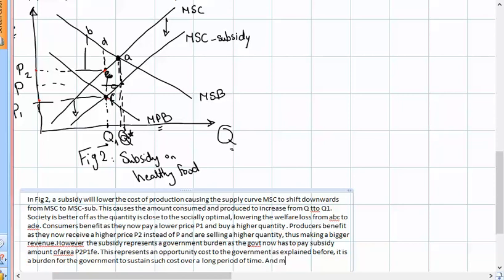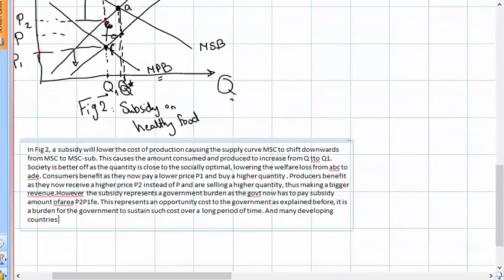And in many developing countries, this is something extra that you can add to show your understanding of the whole curriculum. Many developing countries may not be able to afford such a policy.